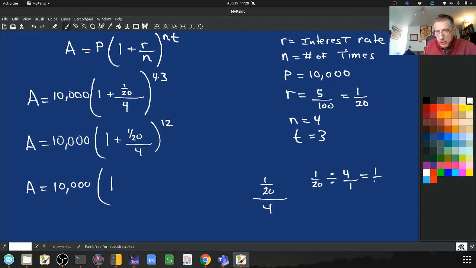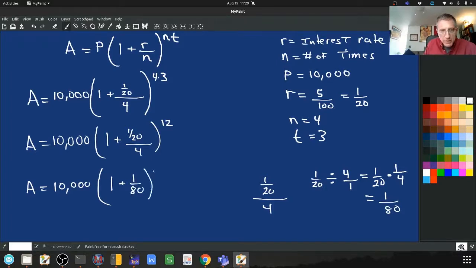I can change the division sign into a multiplication sign, but the price I have to pay is that I have to switch the places of the 4 and the 1. The denominator becomes the numerator, and the numerator becomes the denominator. So that's the same as 1/80.